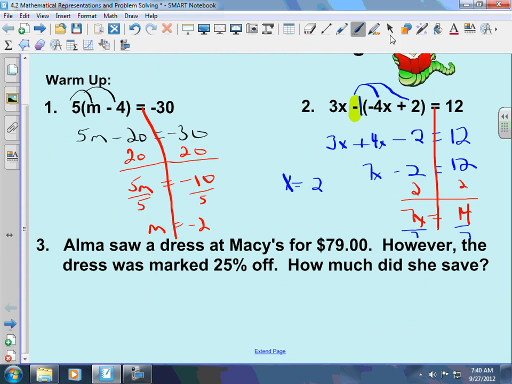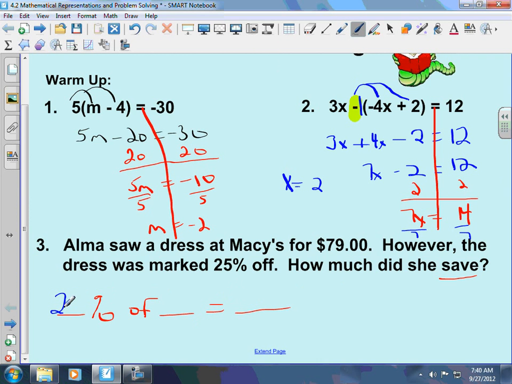Okay, Alma saw a dress at Macy's for $79. However, the dress was marked off 25%. How much did she save? We don't want to know how much she spent. We want to know the savings. Blank percent of blank equals blank.